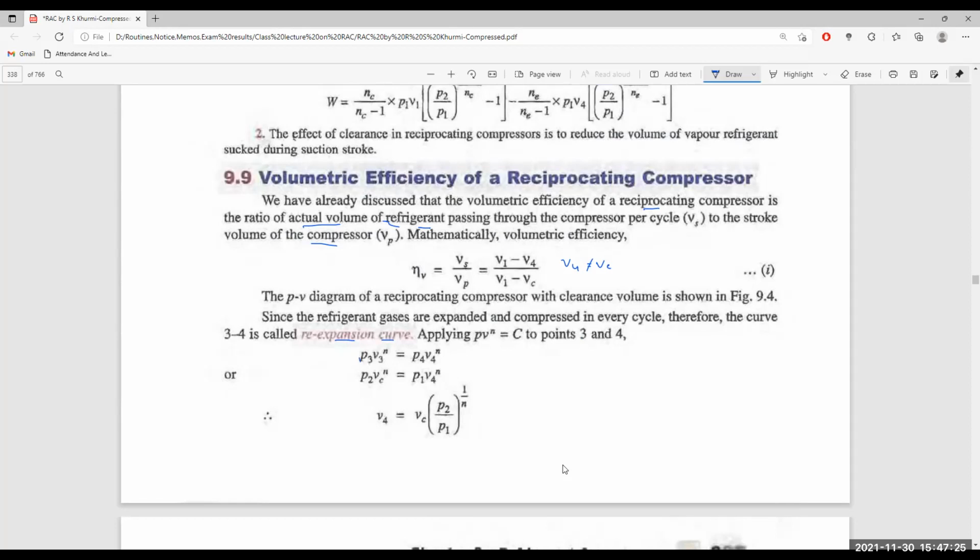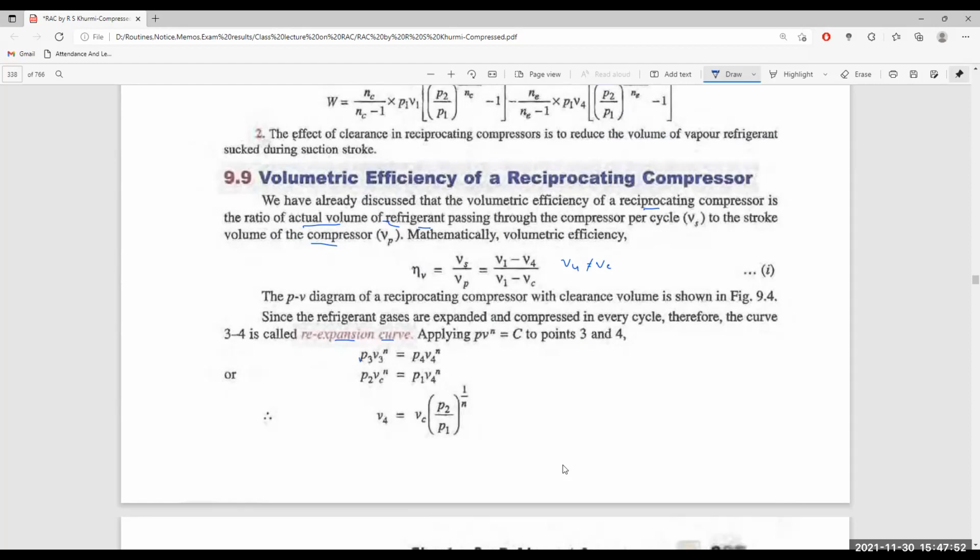This is also called the expansion curve, where the refrigerant kept in the clearance volume is expanded until the pressure falls below the atmospheric pressure, from which the vapor will come again starting from the evaporator.